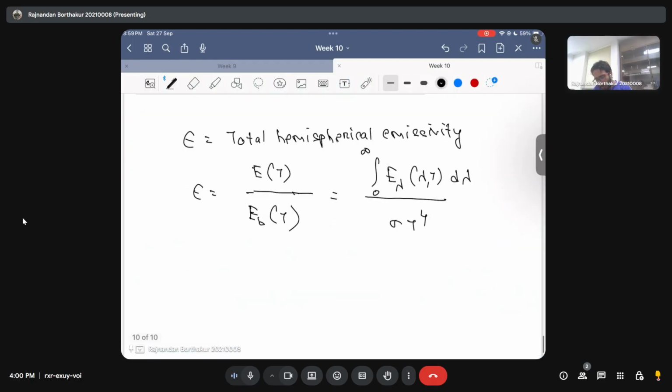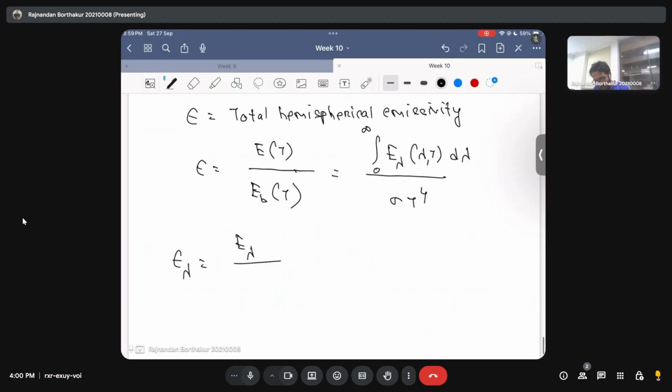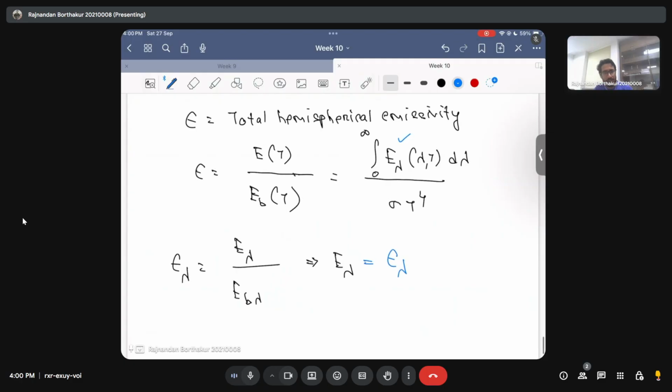We know from the definition of spectral emissivity, which is the spectral emissive power of a real body to the spectral emissive power of a black body, that we can write E lambda equal to the spectral emissivity epsilon lambda times EB lambda.